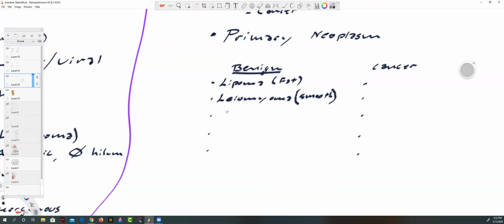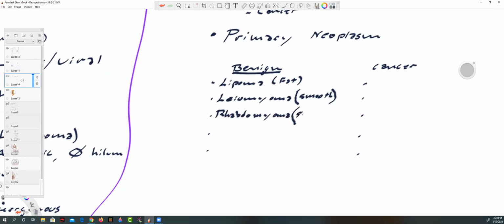Let's see, what was the next? Oh, the rhabdomyoma. That's more of striated or skeletal muscle.